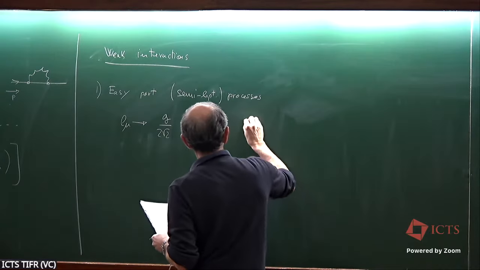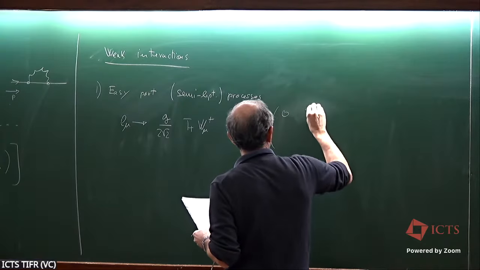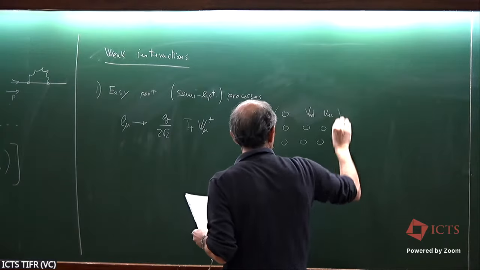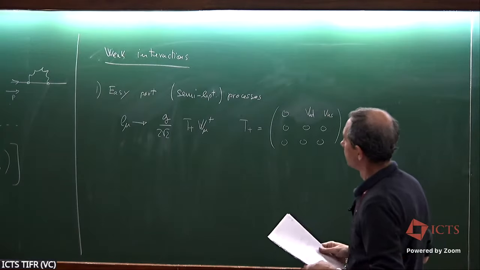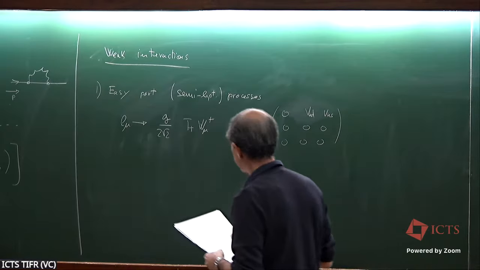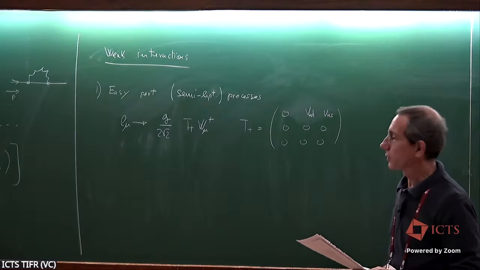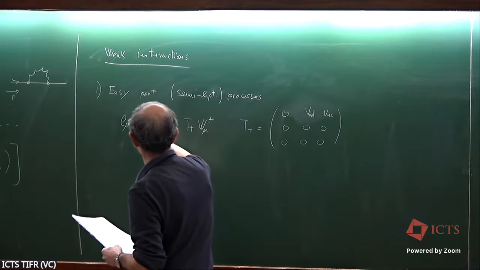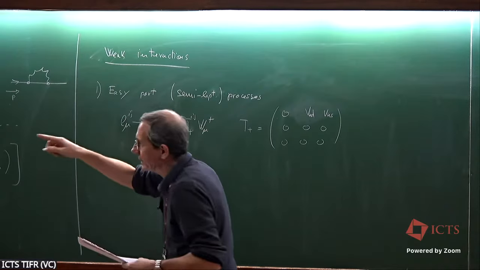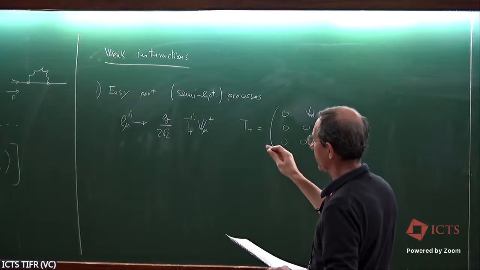where T plus is just a matrix that will select the corresponding transition, IJ. It is a bit like the case of the photon, but here I treat the W as an external field.